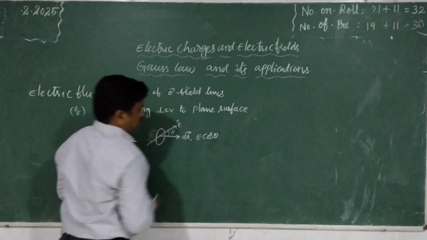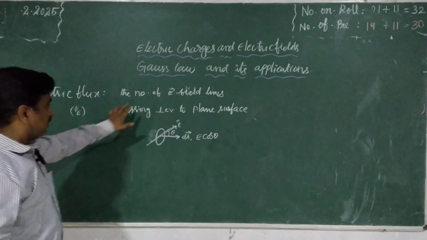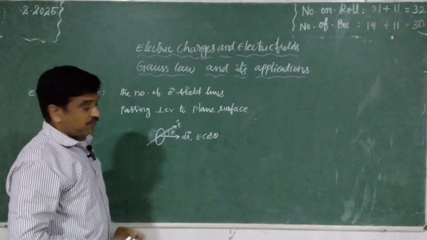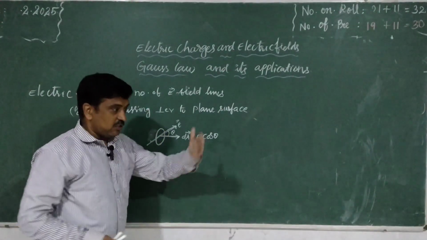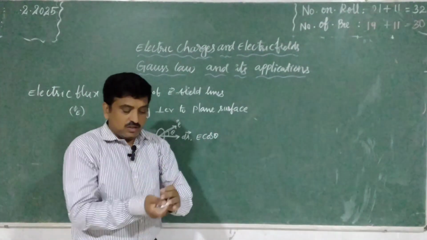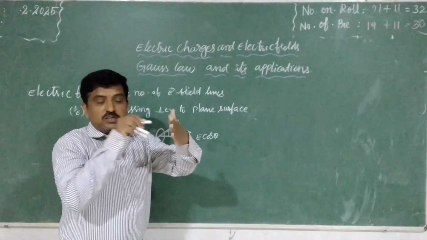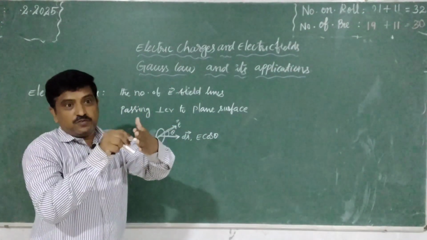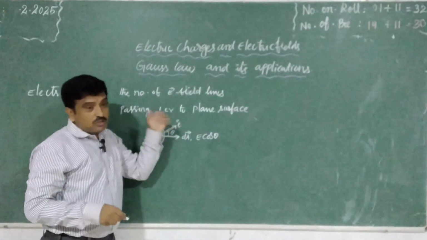E cos theta. What is the flux here? The number of field lines passing perpendicular to the plane surface. This is the plane surface. These electric field lines are perpendicular to the plane surface. Electric field lines perpendicular to the plane surface means electric field lines along the area vector.